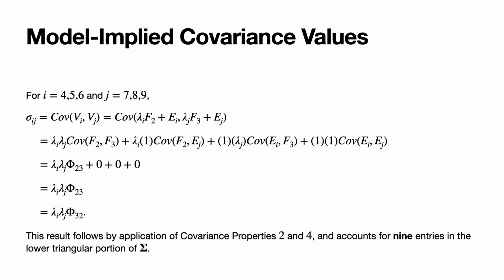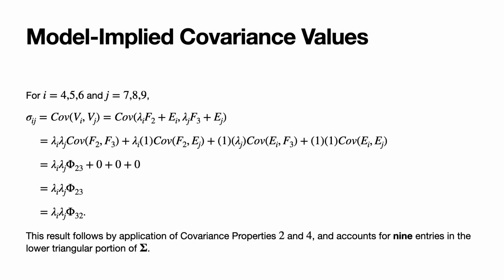This is equal to lambda i times lambda j times cap phi sub 2,3, where cap phi sub 2,3 is the notation that we're using to represent the covariance of f2 with f3. And the rest of the terms in the sum are equal to 0, again because of the assumptions made about the various covariances that are represented in those terms.